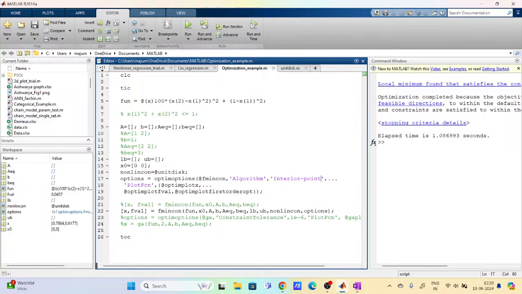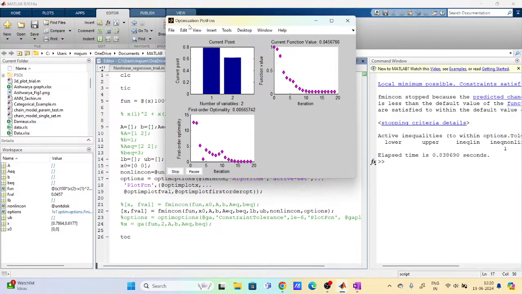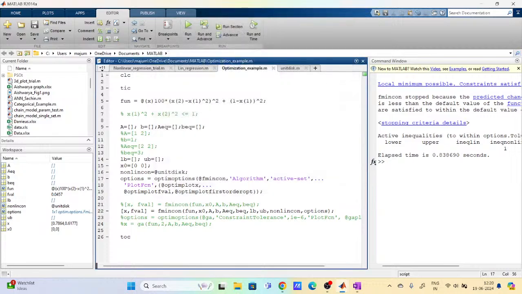Another one is active set, 0.83. So which one is taking the least time? You can see that SQP is taking the least time.